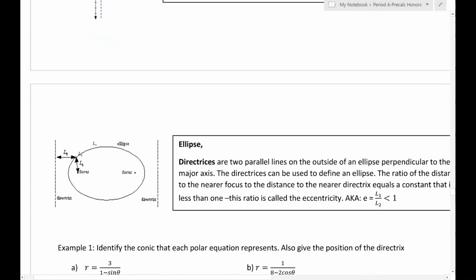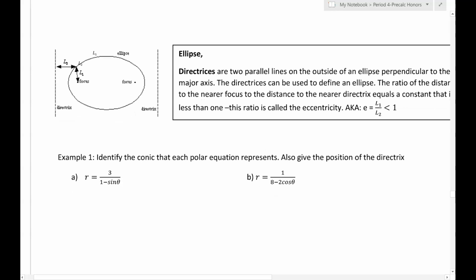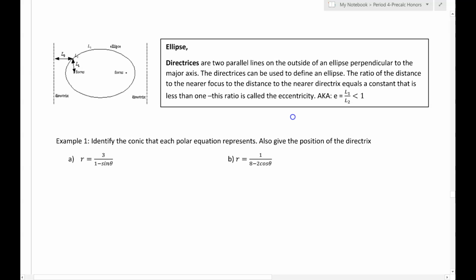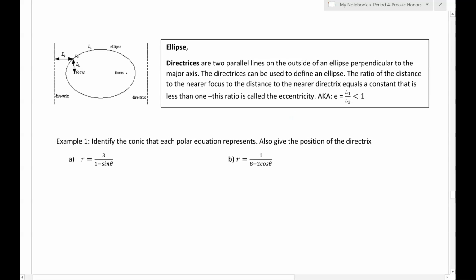Okay. Now, for an ellipse, we have two directrices, so we just have to pick one. The directrices are two parallel lines on the outside of an ellipse, perpendicular to the major axis. So in essence, they're parallel to the minor axis.